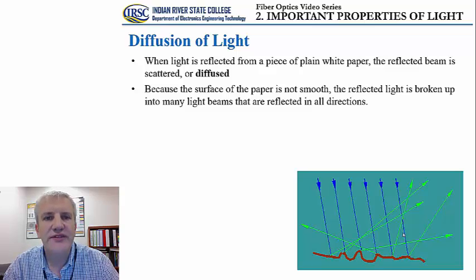So the diffusion or scattering of light occurs if the boundary between the two media is not smooth. In other words, it has a certain roughness that's going to create the reflection or scattering in many different directions. What we see on this specific slide, the incident light is shown in blue color, and then the reflected or diffused light goes in many different directions due to the fact that the surface from which the light is reflected has a certain roughness.